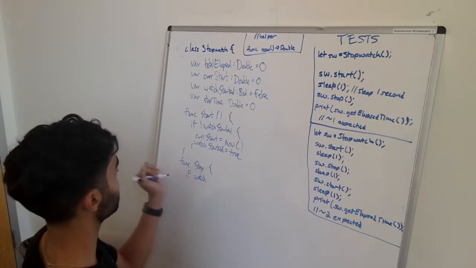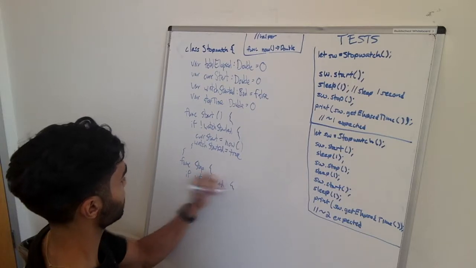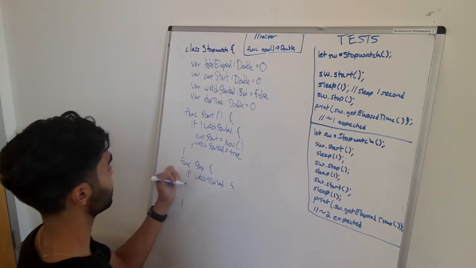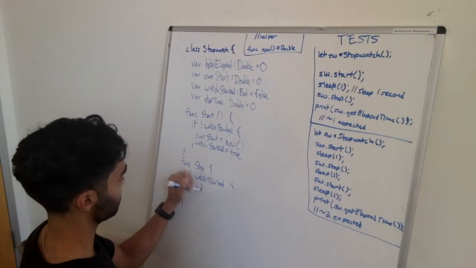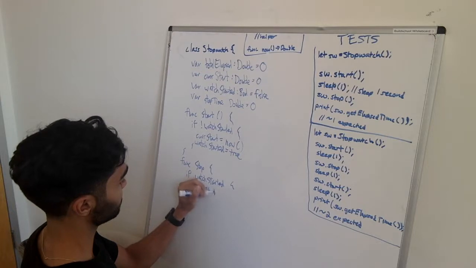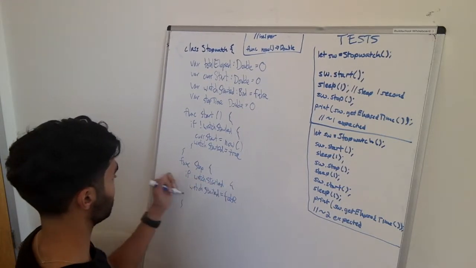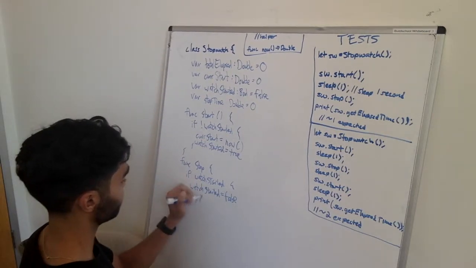So if watch started, then we will flip the boolean to false, and we'll track the stop time.